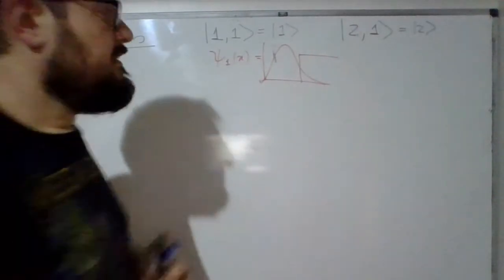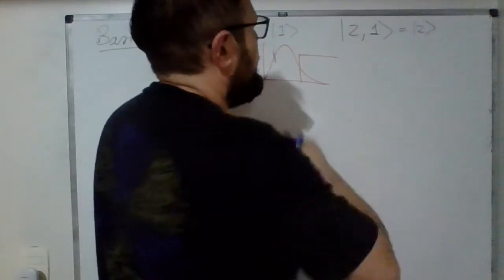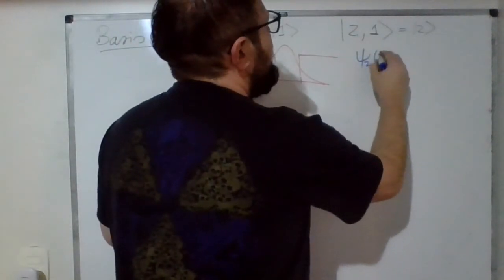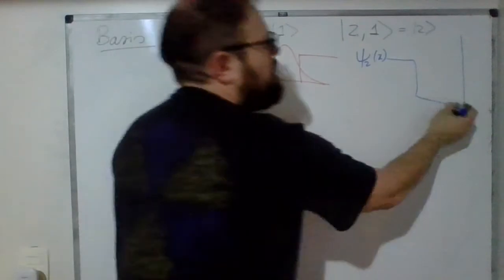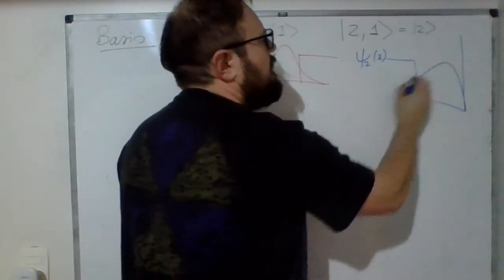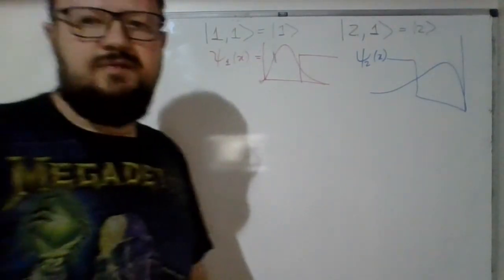And the function psi 2 of x, the box is reversed. All right? The box is reversed. And this function looks like this. All right? This is what we are trying to use here.